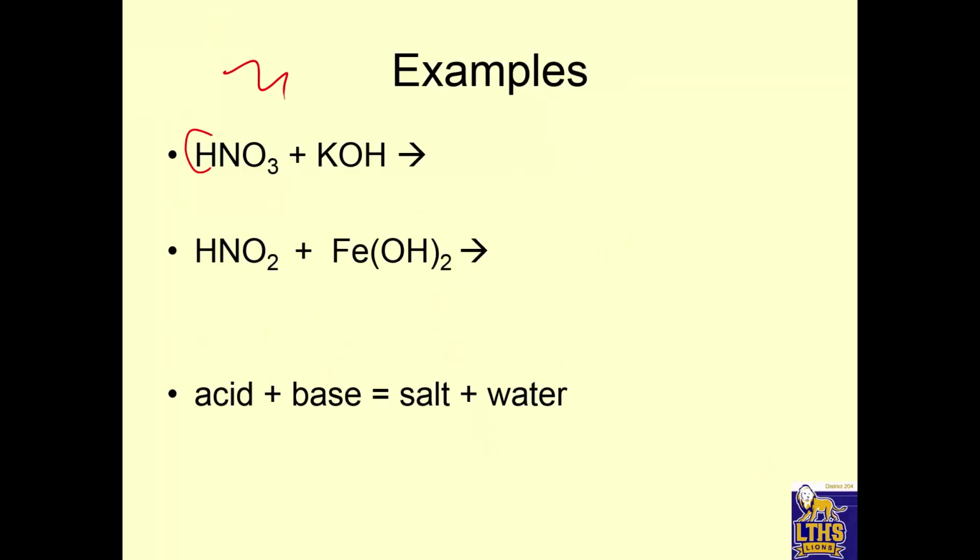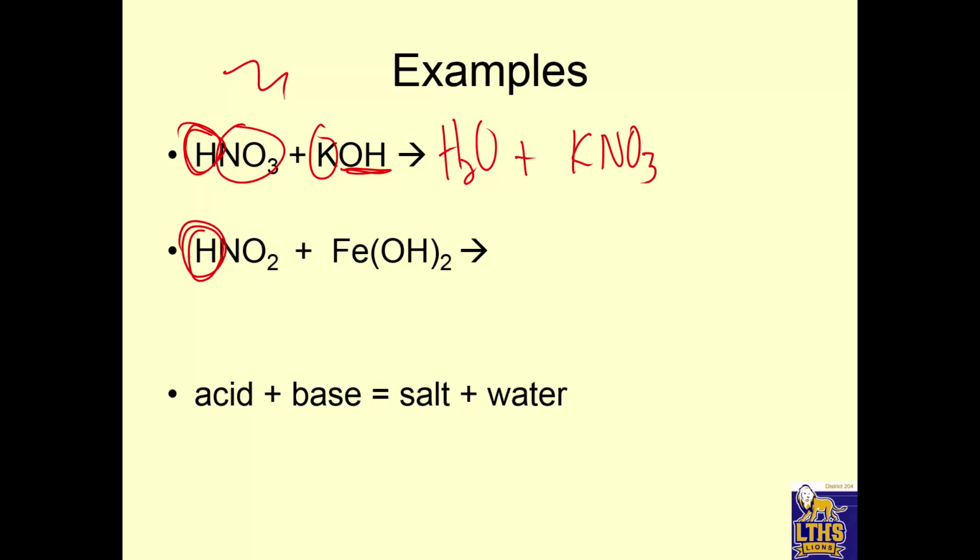Examples. Hello, I'm an acid. Hi, I'm a hydroxide. So I get H2O, and then I get the leftovers, KNO3. Here I have an H and an OH. That'll give me water, and that'll give me Fe(NO2) taken twice. Where did that come from? Oh, look.